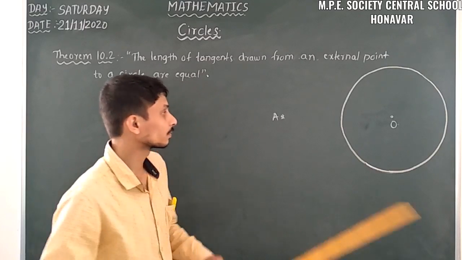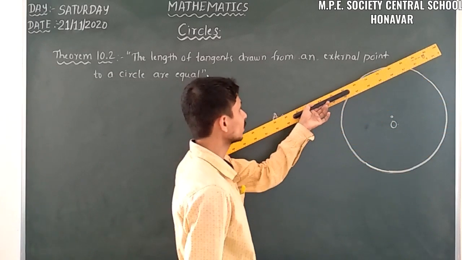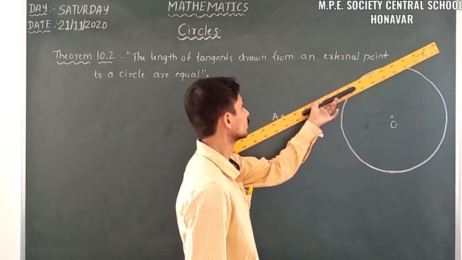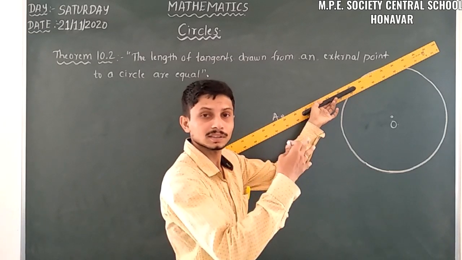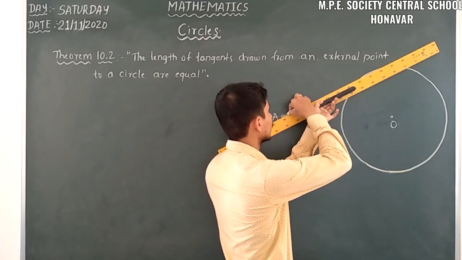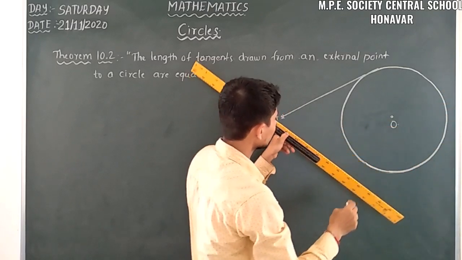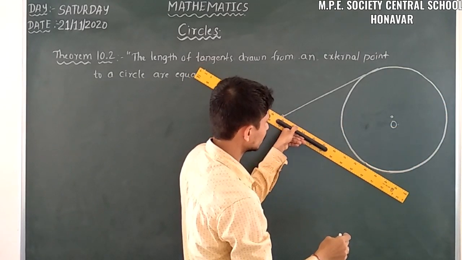Then from the point A I will draw two tangents here. One is above the center of the circle, and another one is below the center of the circle.